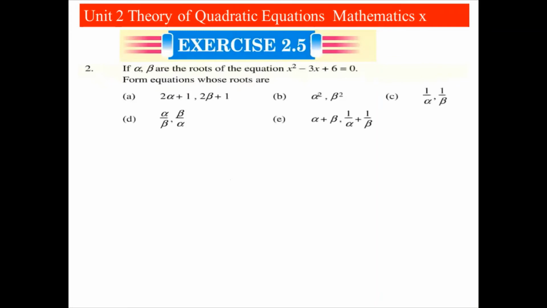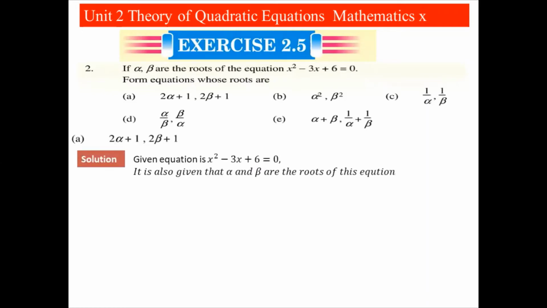If alpha, beta are the roots of the equation x square minus 3x plus 6 is equal to 0, form the equation whose roots are part A, 2 alpha plus 1, 2 beta plus 1. Solution. Given equation is x square minus 3x plus 6 is equal to 0. It is also given that alpha and beta are the roots of this equation.